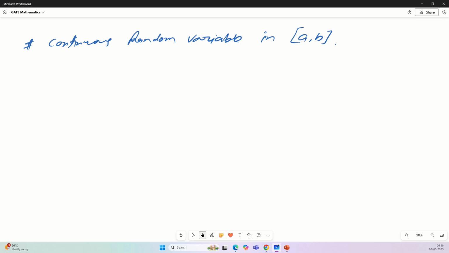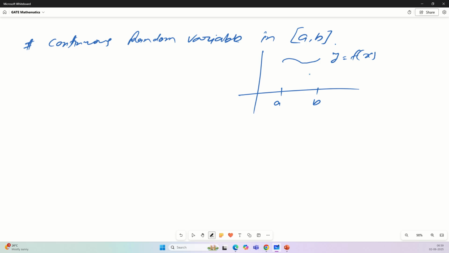So basically what I mean to say is, let us say we have two numbers a and b, and you have a function between a to b like this. So this is my y equal to nothing but f of x. So this function f of x is going to be my probability density function.